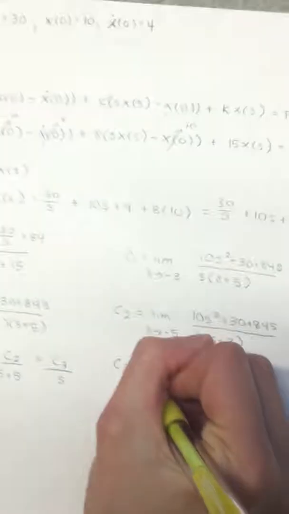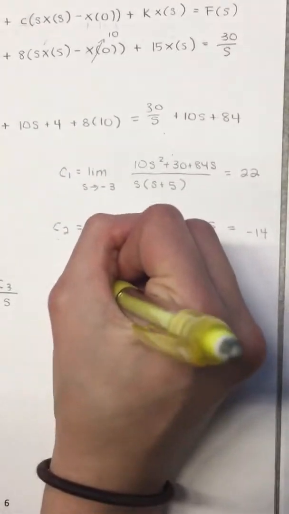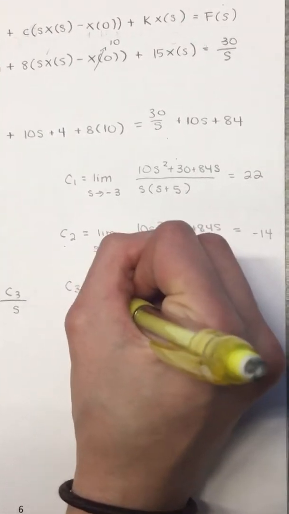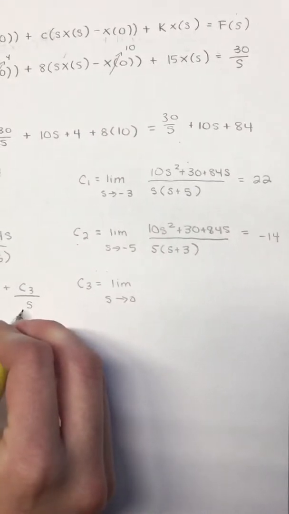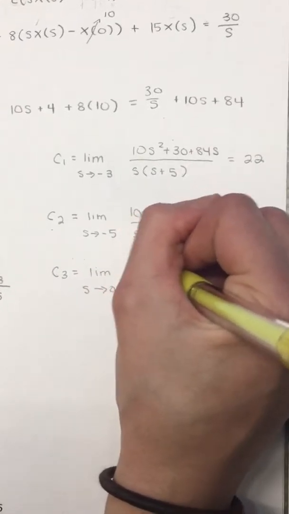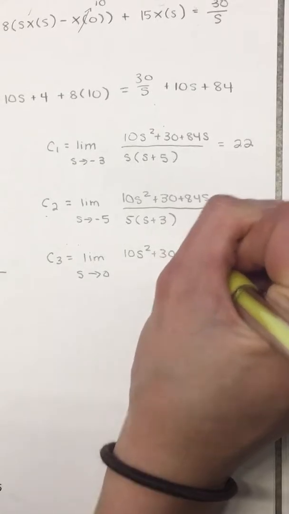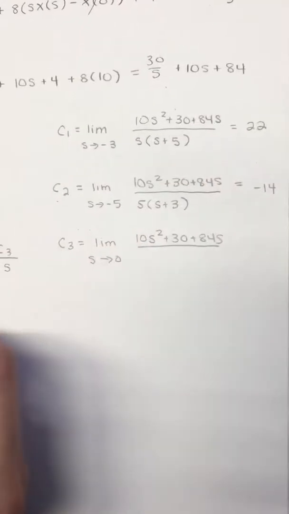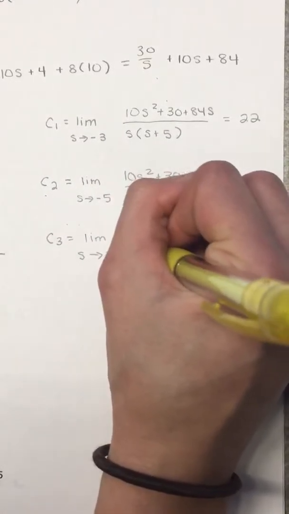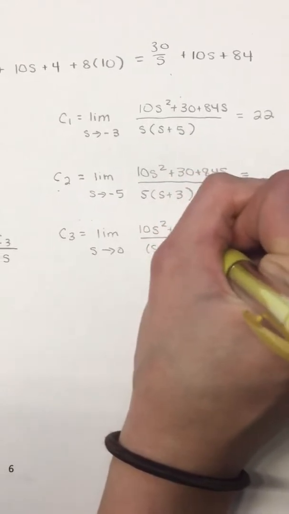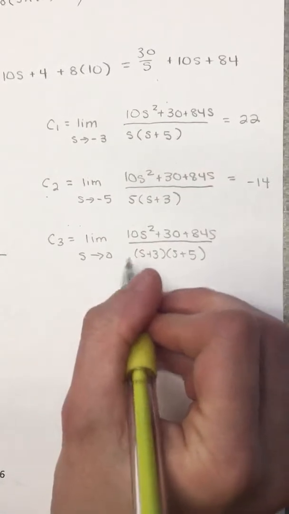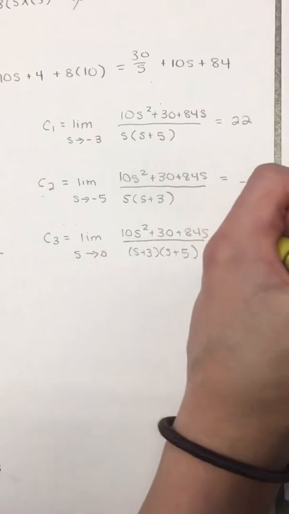And then for C3, you have the limit as s goes to 0, because it's just an s down here. You have your numerator over the two terms you're not looking at, so (s plus 3) times (s plus 5). If you plug in 0 for all the s terms, you're going to get C3 equals 2.